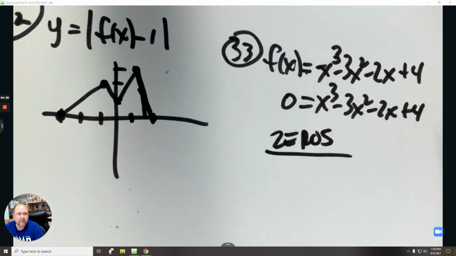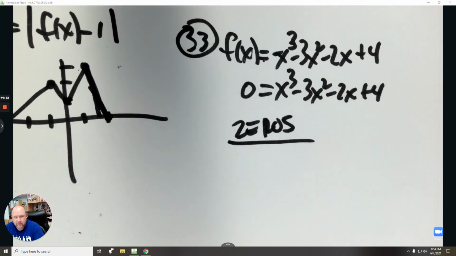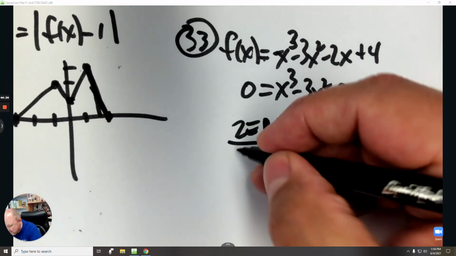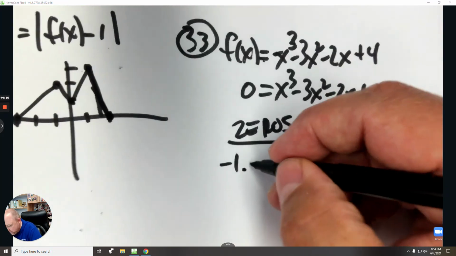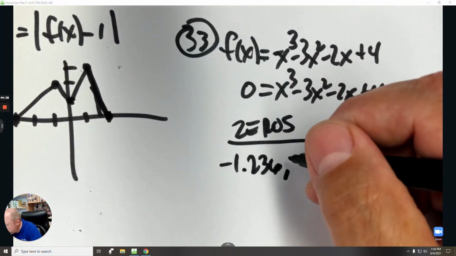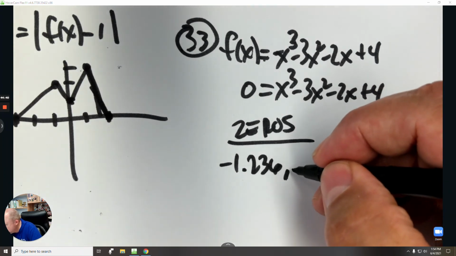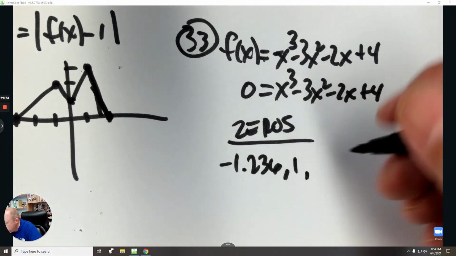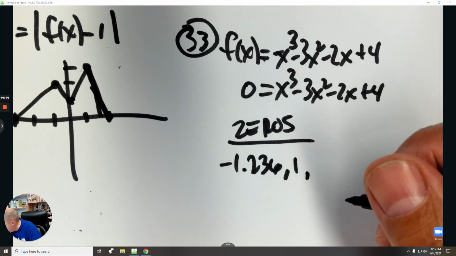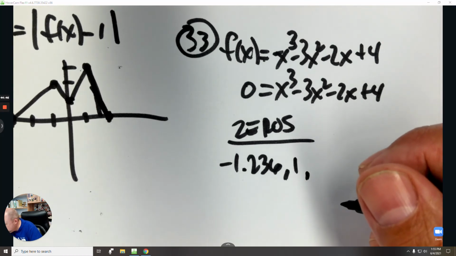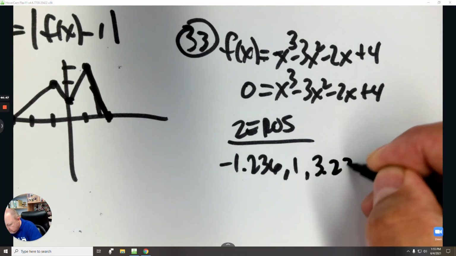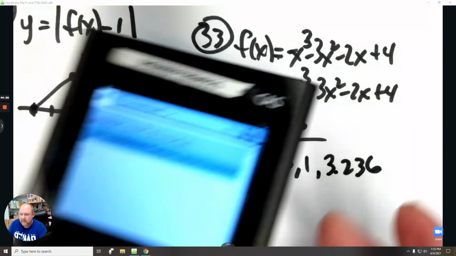Whoop. The camera got real big, so I got to move it over. Sorry, so the answers again were negative 1.236, 1, and positive 3.236. So again, these are the answers we're looking at.